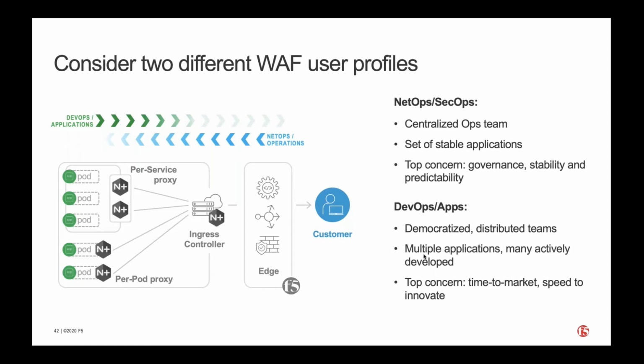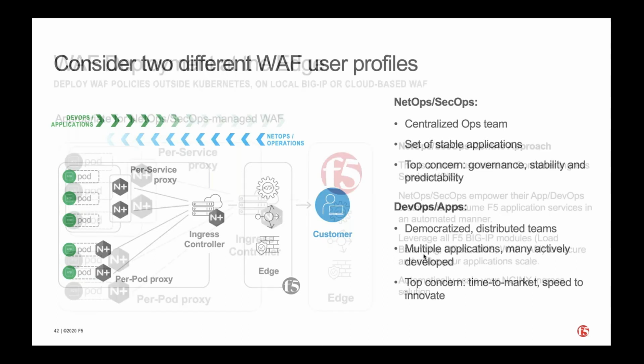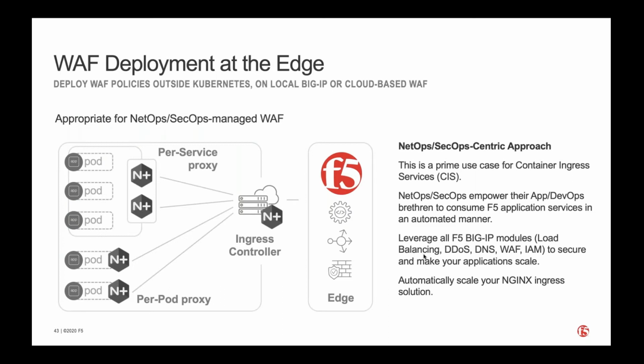The concern of a NetOps team is more the governance and the stability, while the DevOps teams want to add web application services close to their application, to speed up the process. Therefore, we have different solutions for that.